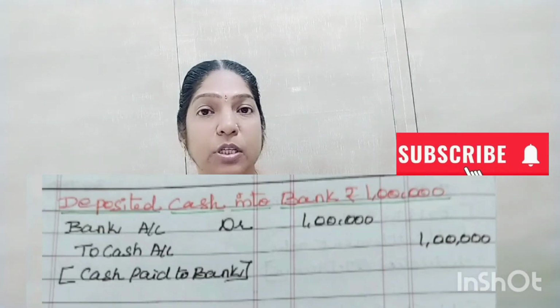You have to add the two values of the debit column, 23,000 and 1,000 rupees. How much do you get? 24,000. What do you have in the credit column? 24,000. So the debit is always equal to the credit column. Then come to the next transaction. Deposited cash into bank 1 lakh rupees.